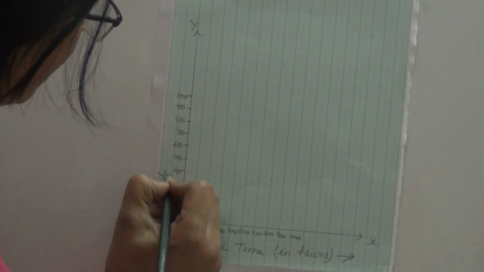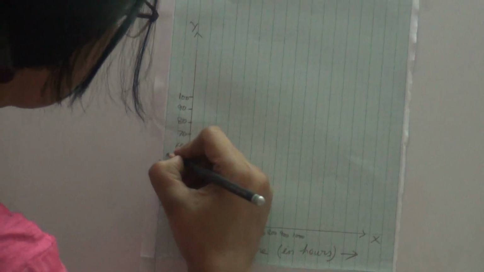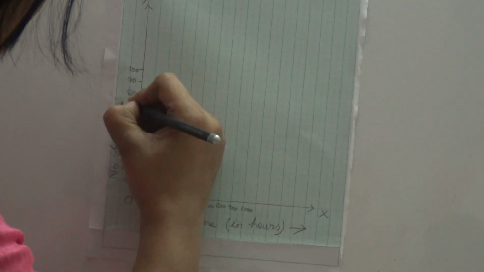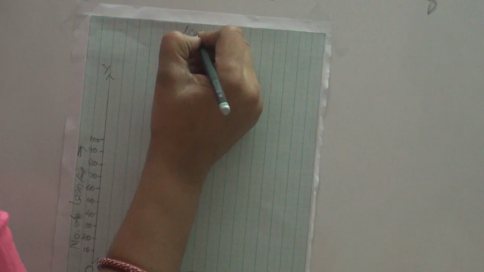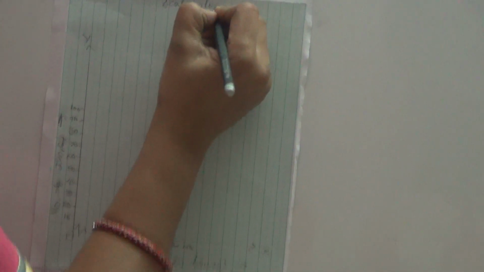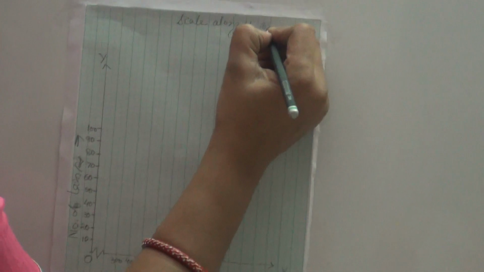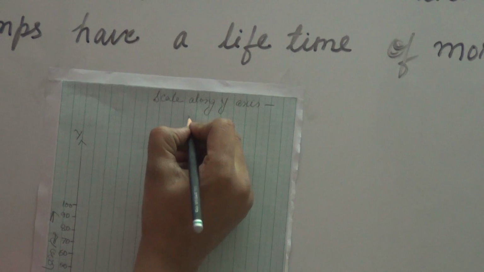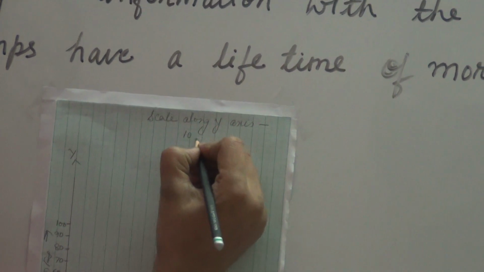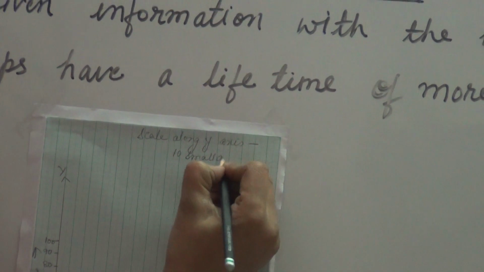It is a little bit difficult to write in this way, I hope you understand better. The scale we also have to write along the y-axis. We have taken 10 small divisions equal to 10 lamps.